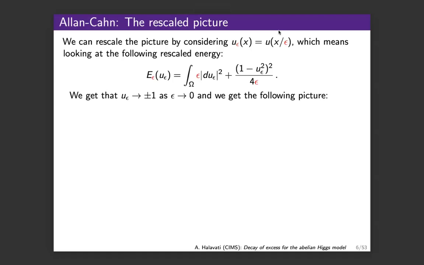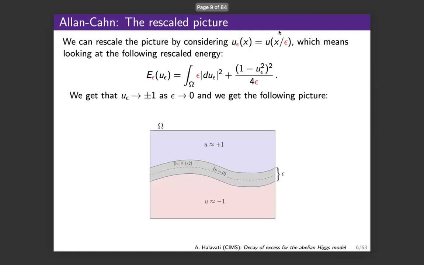So this transition becomes sharper and sharper, and you see a picture like this: say on the top there's oil, on the bottom there's water, and you have an epsilon-thick layer of this diffuse transition.